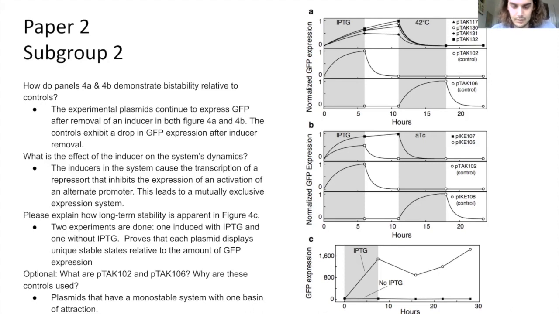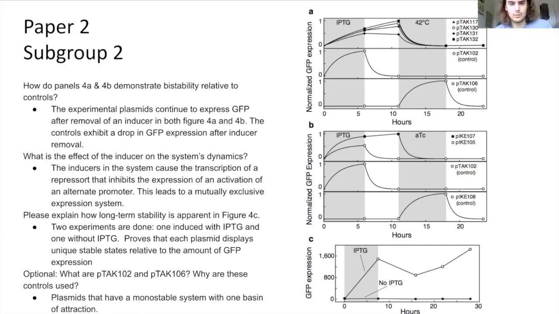Again, in the top panel, GFP expression only continues in pike 107 while IPTG is not being exposed, and pike 105 switches off in its absence, which is the reason that they stated that pike 105 was not actually bistable. It's actually monostable. And again, here PTAC 102 is used as control, and pike 108 is used as the control for ATC, as it is induced to create GFP in ATC's presence.